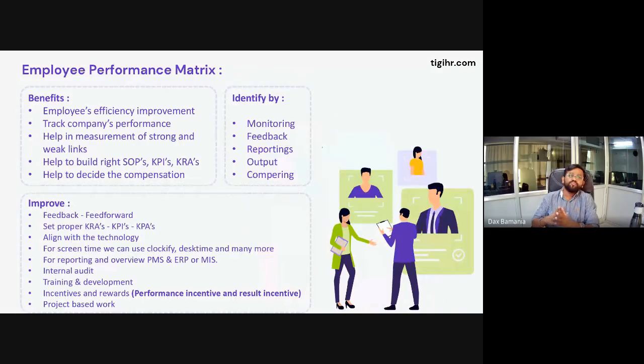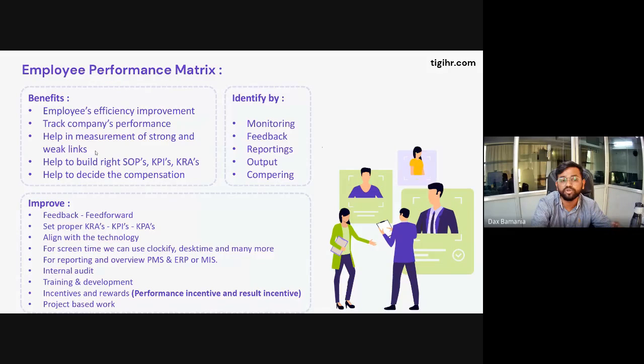About the employee performance matrix, this is actually necessary to understand for the HR, and then we'll talk about the future of HR as well. But before that, let's go ahead with the performance matrix of the employee. So first, what are the benefits of the performance matrix? Employee efficiency improvement: if you track the actual performance of the employee, then you can give them tasks for improvement and all that.